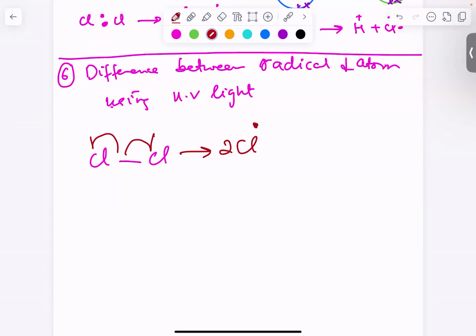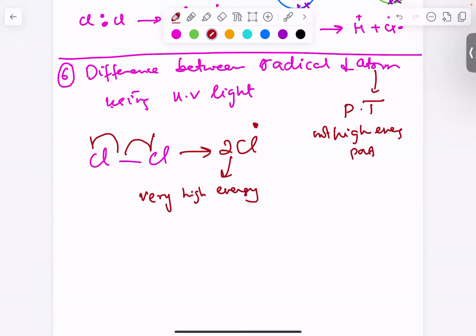An atom is something which is present in the periodic table, and it is not a high energy particle. However, a radical is a very high energy particle, and it has the ability to change a molecule into a radical by bombarding on it.